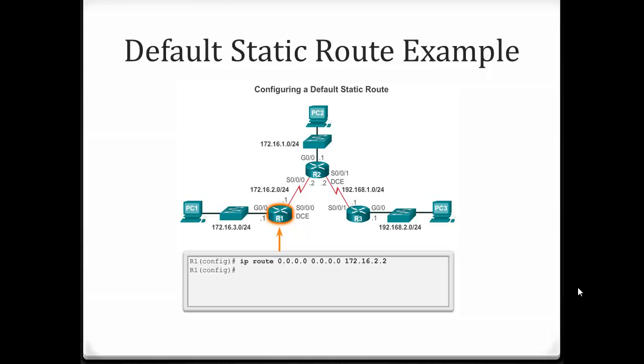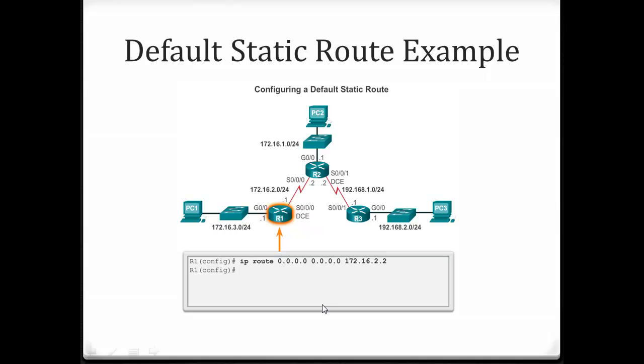We type in IP route 0.0.0.0 0.0.0.0 172.16.2.2, or we could replace that 172.16.2.2 with the outgoing interface of serial 0/0/0. So now how this default route is used is any traffic that hits R1 that it does not have a specific route for will meet this default route, or gateway of last resort, as it's also called.